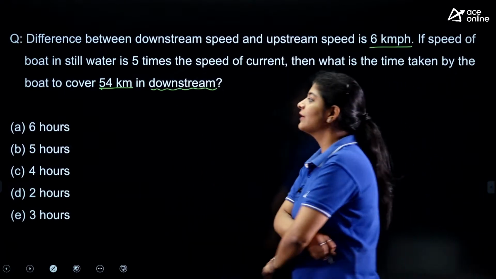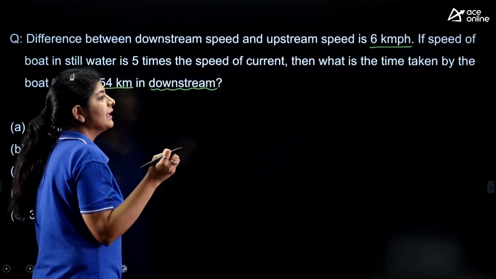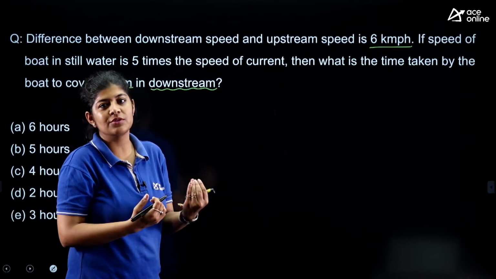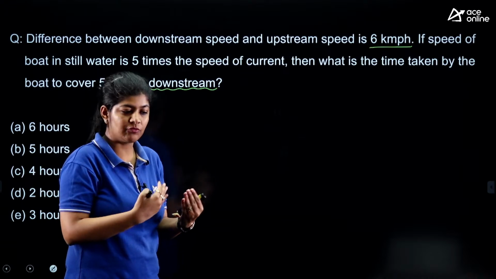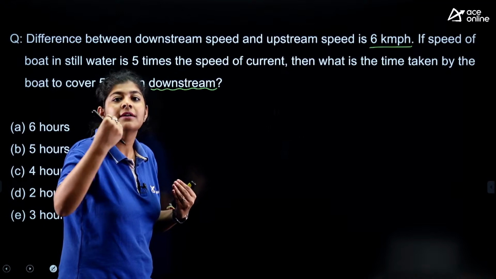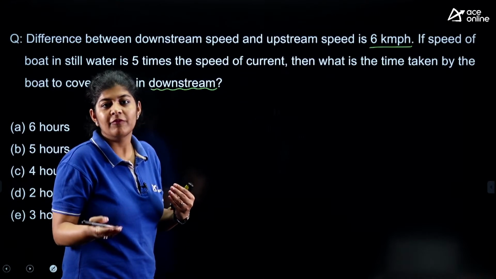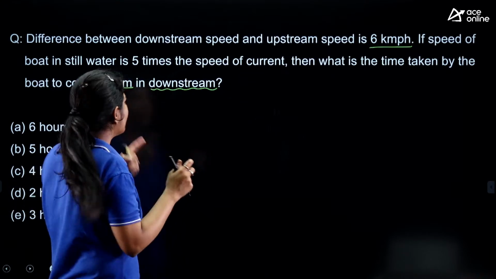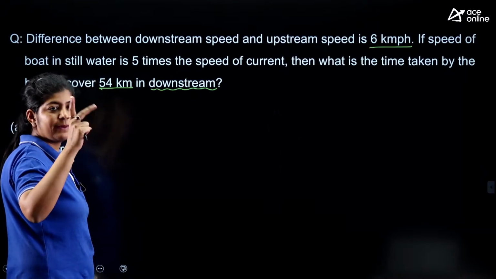We know that if we have the speeds of upstream and downstream, and if we want to find the speed of the boat or man, or the speed of the still water or the stream, we can easily find it with the help of the given speeds in upstream and downstream.